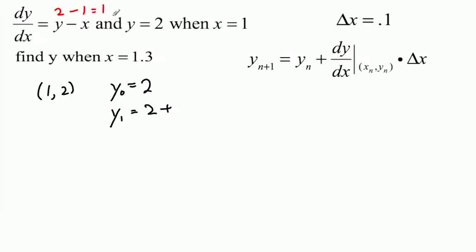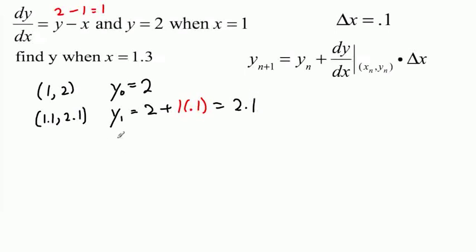And so that's going to be 1 multiplied by 0.1, because that's what delta x is. If I put this all together, I end up getting 2 plus 0.1, which is 2.1. And so at that point, x changed by 0.1, so this is going to be 1.1, and then comma 2.1, because 2.1 is my next y.